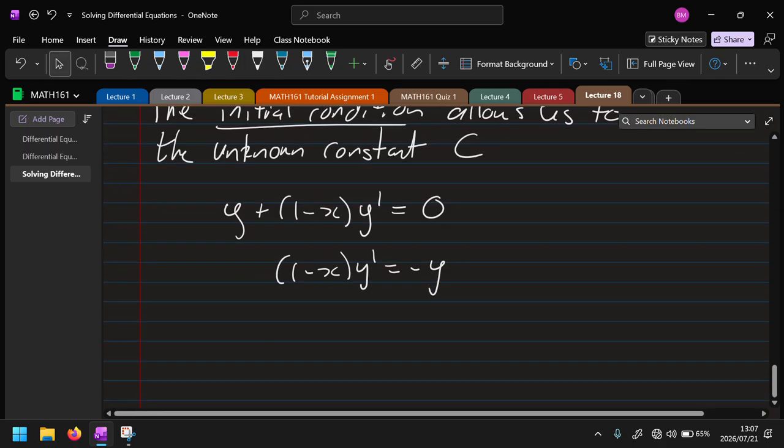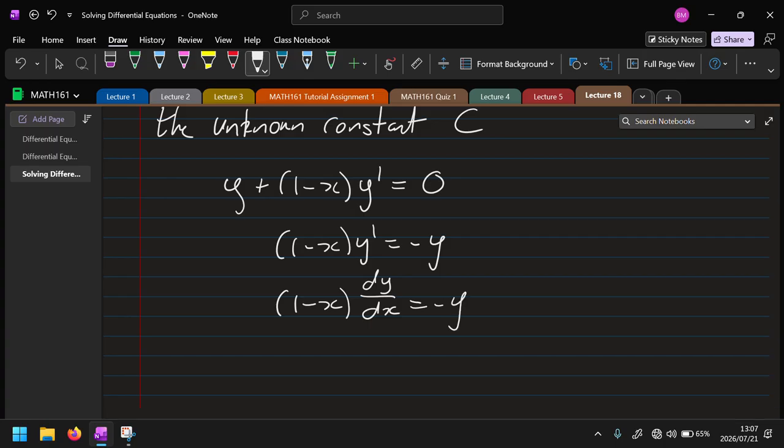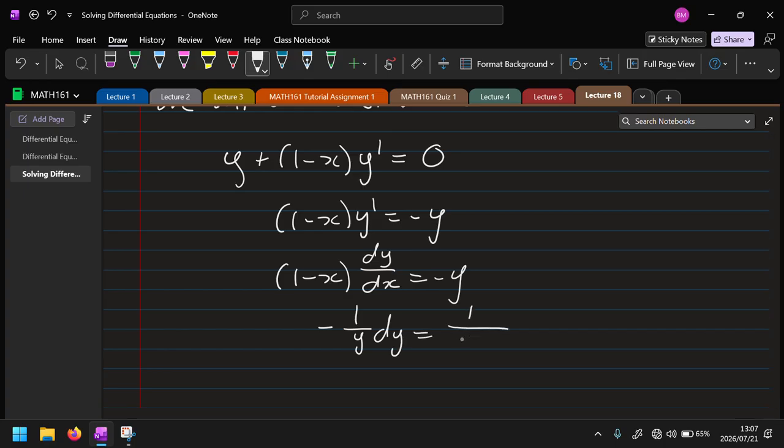Okay, y prime we can write as dy by dx. Let's take the y stuff to the left, the x stuff to the right. Let's add in our integral signs. And remember, we need a plus c.